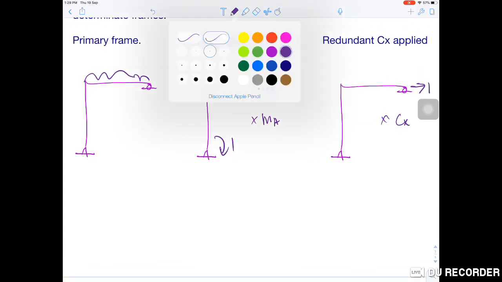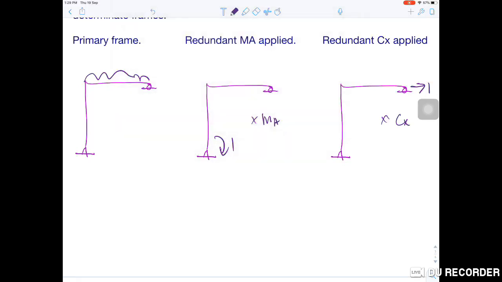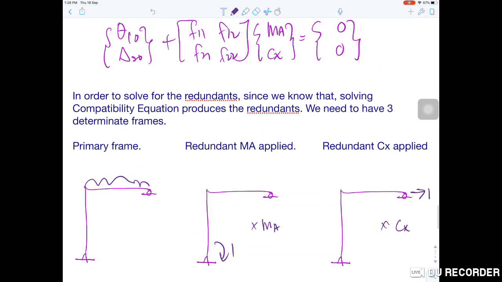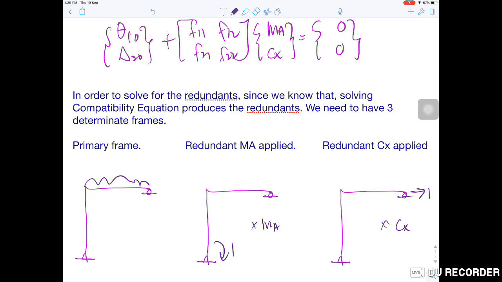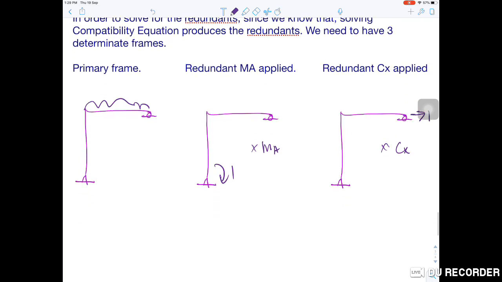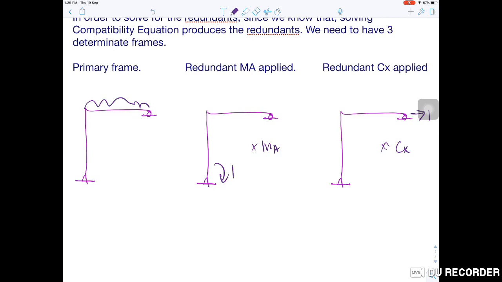What we need to do here is write the moment equations, because in the formula we need moment equations. We know that from this equation, 1 naught refers to M1 times M naught, 2 naught is equivalent to M2 times M naught, which means we have to have moment equations, and we will get them from these 3 determinate frames.